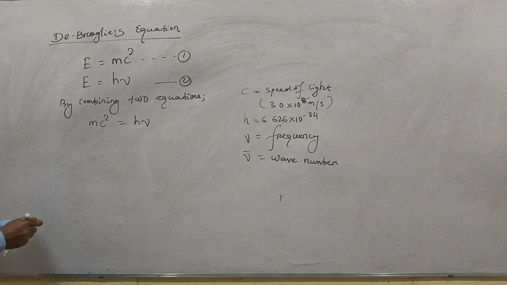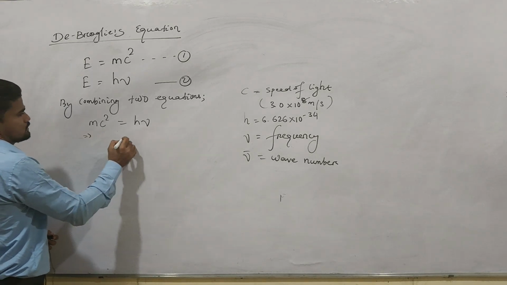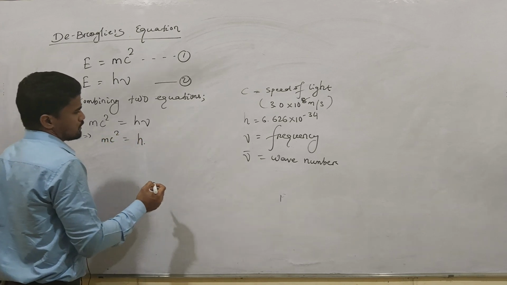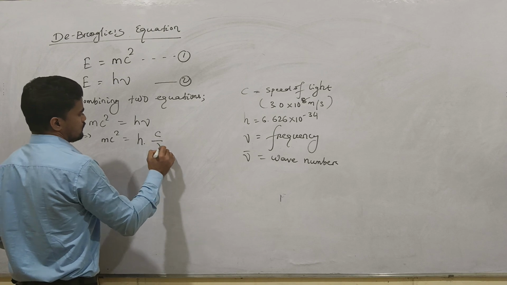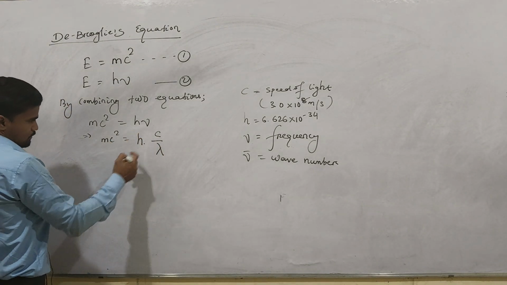So after combining, what do we get? mc square equal to h nu, where nu, the frequency, is equal to c upon lambda.